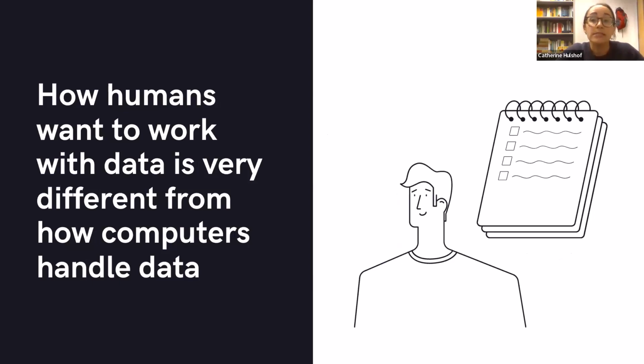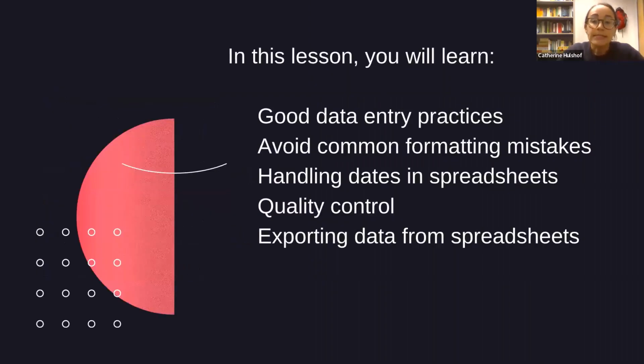This can cause problems later when it's time for analyzing or graphing or sharing that data with collaborators or making it openly available. So in this lesson, we will cover how to think about data organization and good data entry practices.